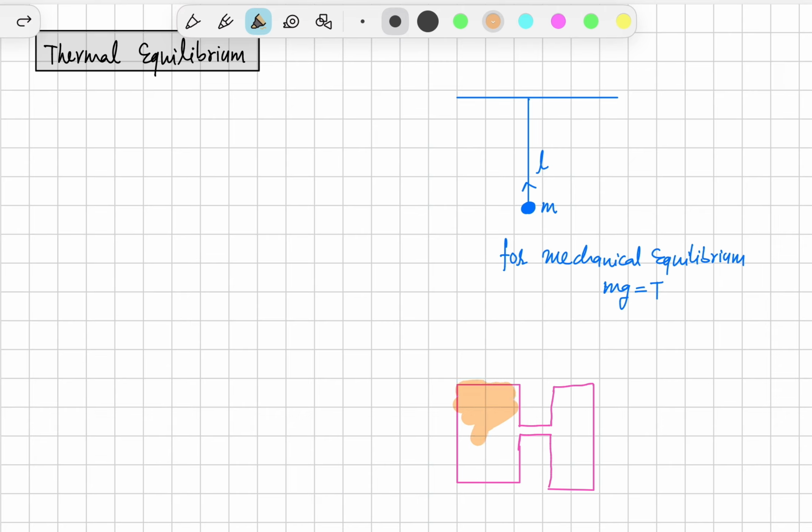It has some gas inside this, and this also has some gas inside this.